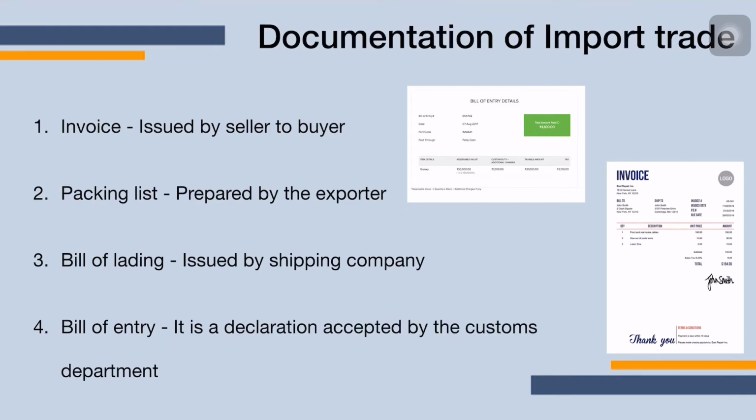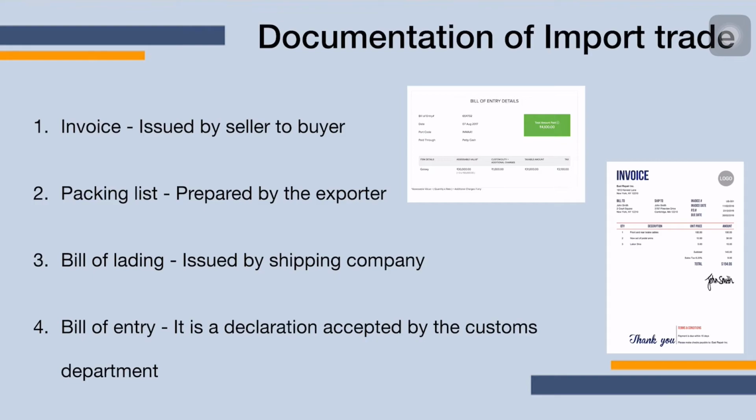Next, let's understand what documentation is required for import trade. The first one is the invoice. Before importing you need to inquire and then place an indent, for which you will receive an invoice. Who is issuing the invoice?